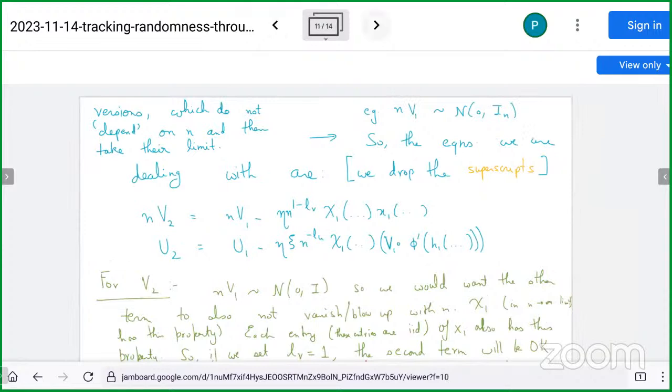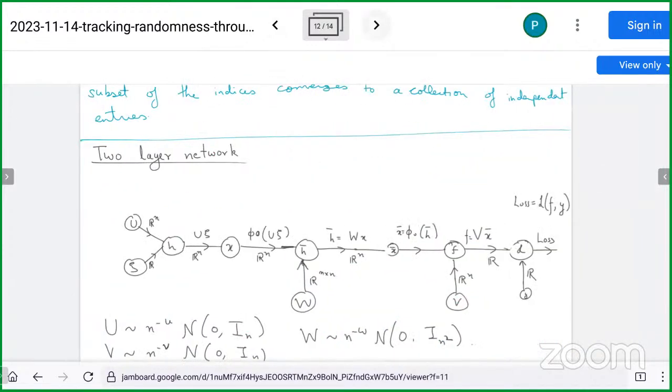So what is DH bar X W? Yeah, so it's left multiplication by nothing. Left multiplication by nothing, and DXH is multiplication by phi prime, yes, right.